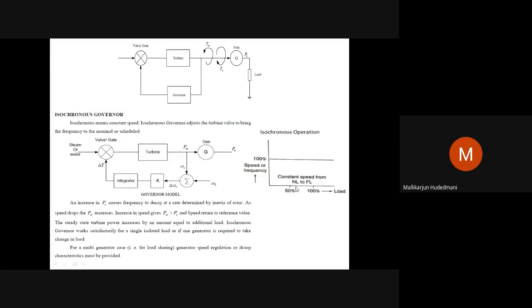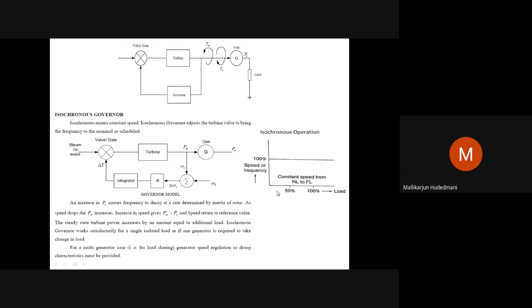See the frequency or speed of that generator. It is 100%, irrespective of the change in load. The governor sets its steady state output.